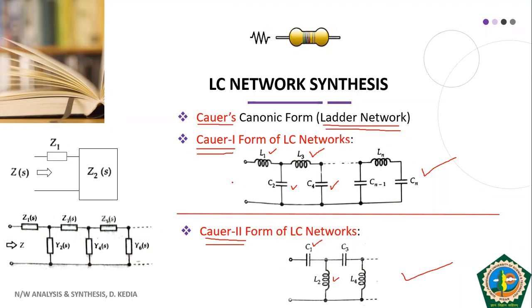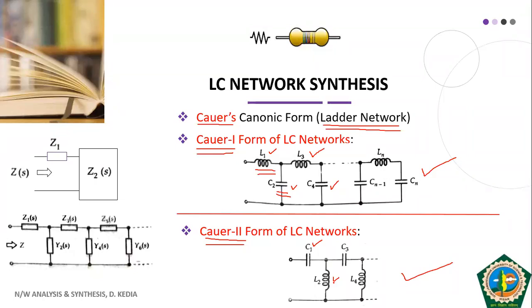So in Cauer 1 form, we can say that in the series arm we have an inductor, and in the parallel arm we have the capacitor. Whereas in Cauer 2 form of LC networks, we have capacitor in the series arm and inductor in the parallel arm. I hope everybody is able to identify the difference between the two forms.